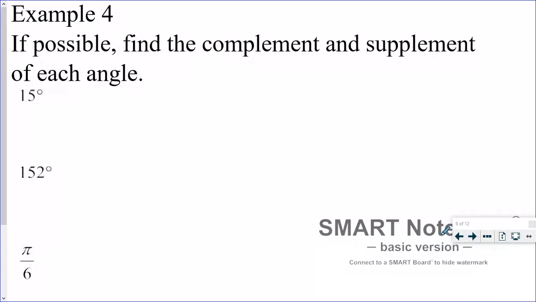So now, if possible, find the complement and supplement of each angle. Now, remember complementary angles add to 90 degrees, or pi over 2 radians.